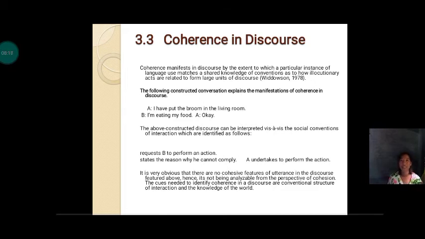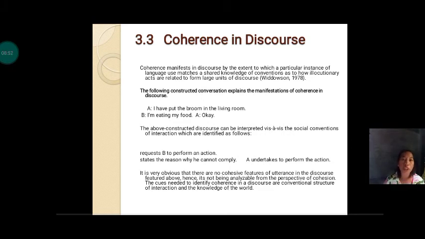Widdowson, 1978. Coherence is unlike cohesion, which is regarded as a linguistic means of establishing connectivity across sentences or utterances, by which Widdowson refers to formal syntactic and semantic signals, that is cohesive types. Coherence establishes some relationship between utterances through an interpretation of allocutionary acts.